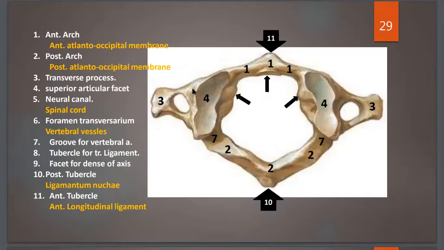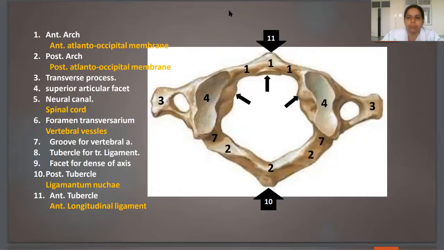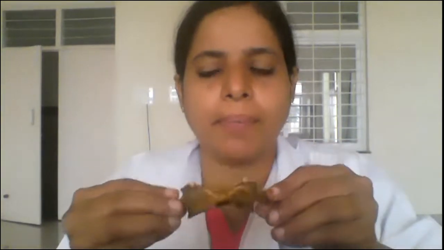So let me show you the similar features in our bone now. See here, this is the first cervical vertebra, which is called atlas. How to identify it? You find these are the superior articular facets, which are more or less kidney shaped.